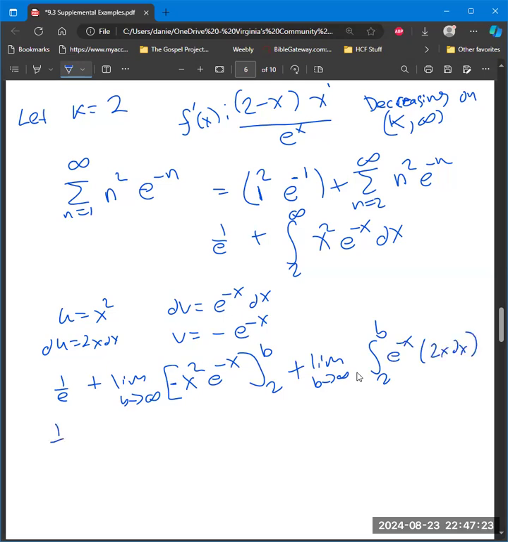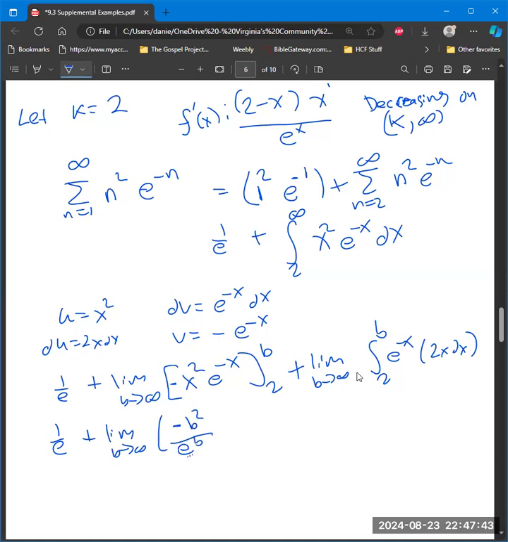It is going to be 1 over e plus, and then exponential is going to grow faster here. It's going to be negative b squared over e to the b.